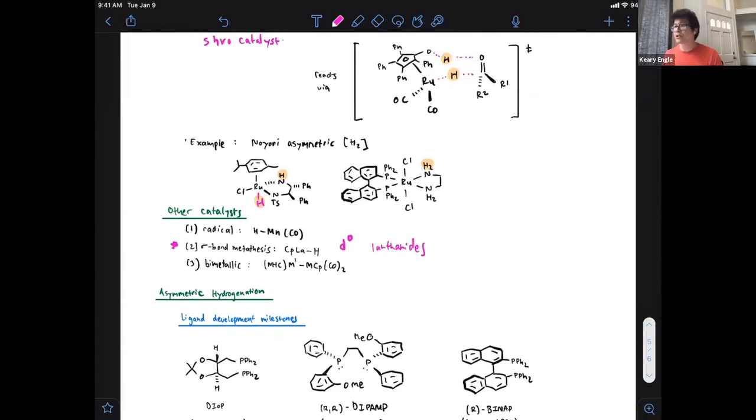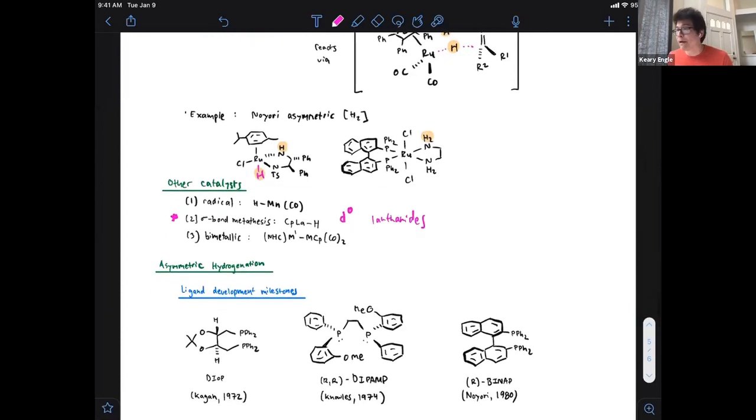And then bimetallic processes, as we covered as one example earlier in class, the bimetallic oxidative addition from the likes of Neil Mankad and others who've worked on this topic.